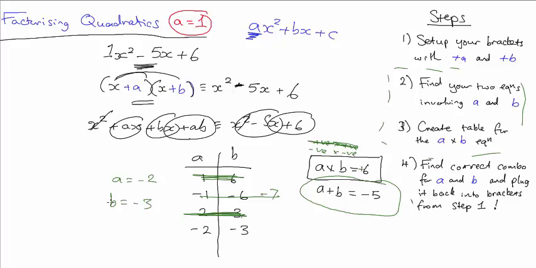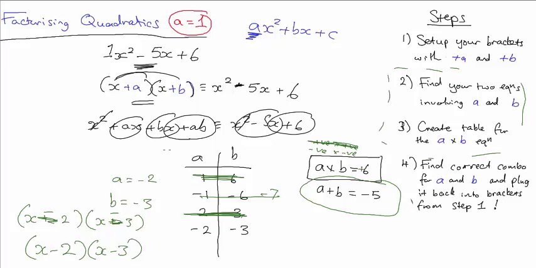So plug them in, and here's all that happens. I know some people get confused because they're like, oh, but this is a plus. Don't worry, this is literally just plug it in. And remember, plus and a minus is just a minus. So there you go. Your answer is x minus 2, x minus 3.